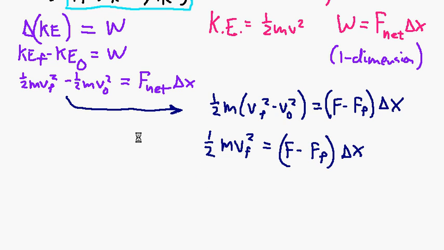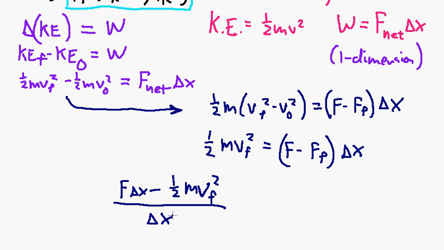Let's erase all that and get our paintbrush back. So 1/2 m v f squared, make it both negative, F delta x, all over delta x. This is kind of ugly, but you get the idea. Equals the friction force. So that should work out, right?